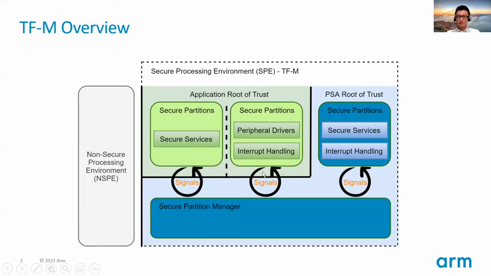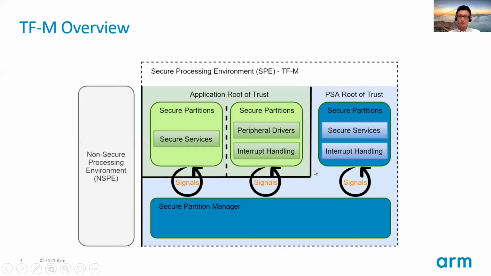Secure partitions are single-threaded, executing in thread mode in an infinite loop that waits for inputs. The inputs are called signals, including secure service request signals and interrupt handling request signals.